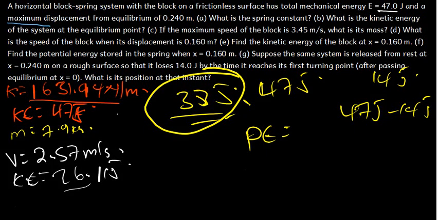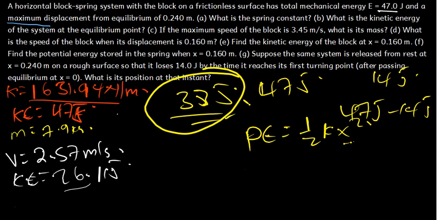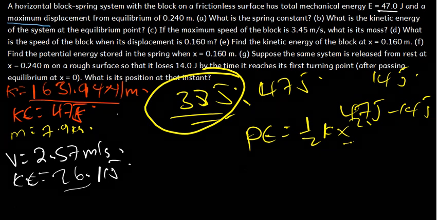We know that the potential energy is given by this formula. So our goal is to find the x value. Since 14 joules was lost, we are remaining with 33 joules. So this mechanical energy is going to be equal to the potential energy. That's why I'm using this formula.